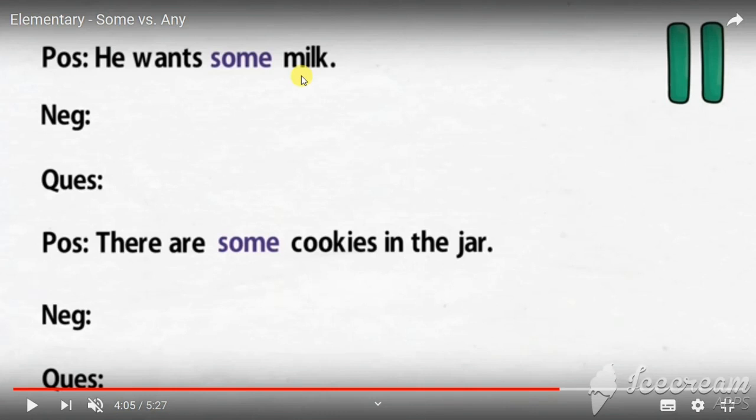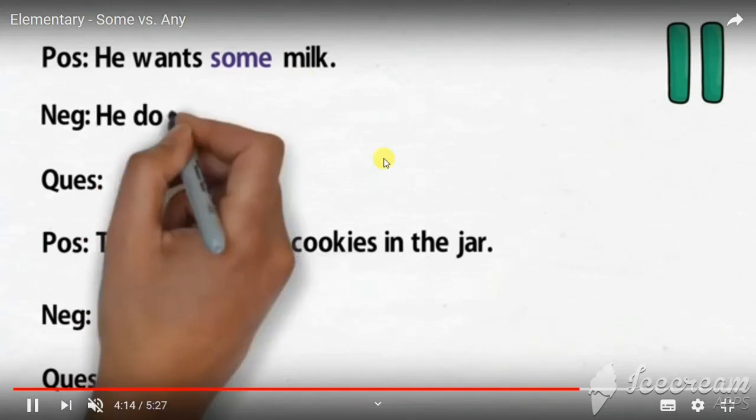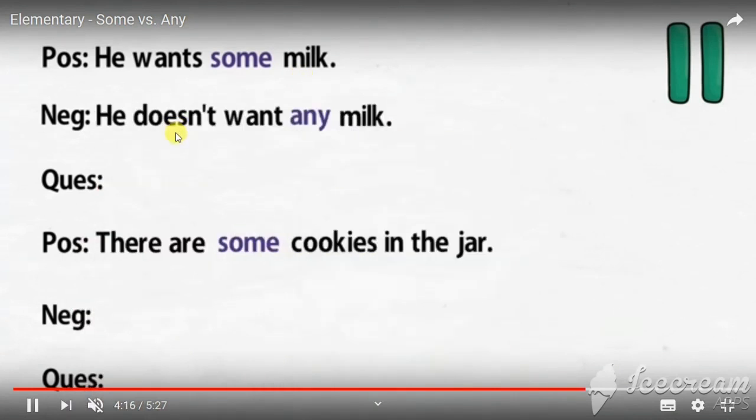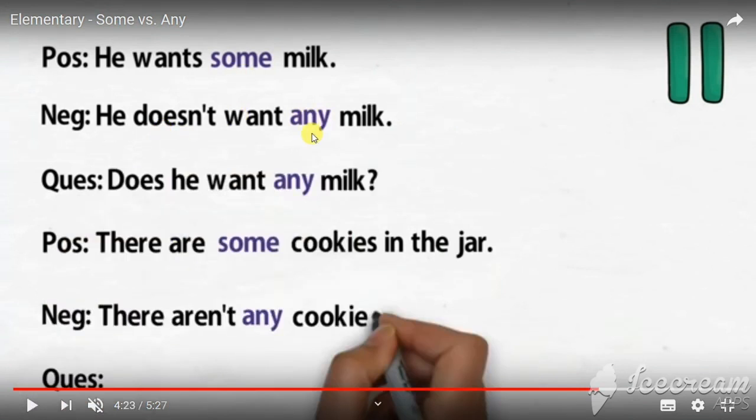Okay, if we want to change it into negative, what do we have to do? We must change the some into any. Any: he doesn't want any milk. Or does he want any milk? So any is used with the negative and with the question.